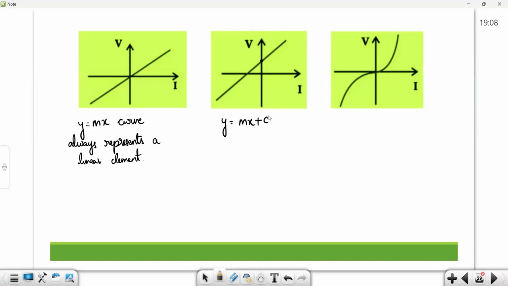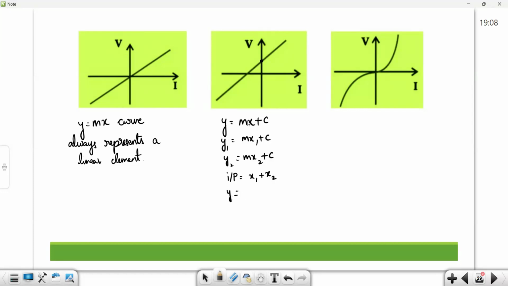Now we will see by applying the input x1. y1 is equal to m into x1 plus c. Done. y2 will be equal to m into x2 plus c. Now what is the input? Input is equal to x1 plus x2, right? This is the input. Now what will you get as output?